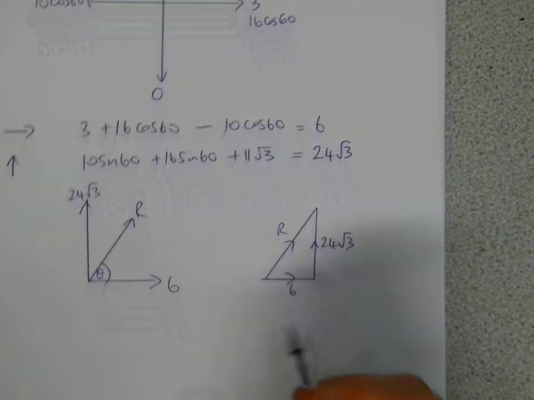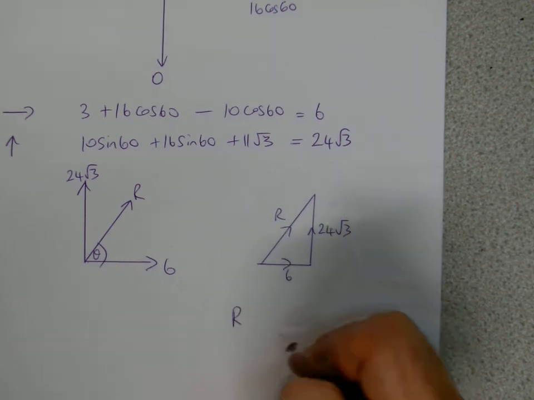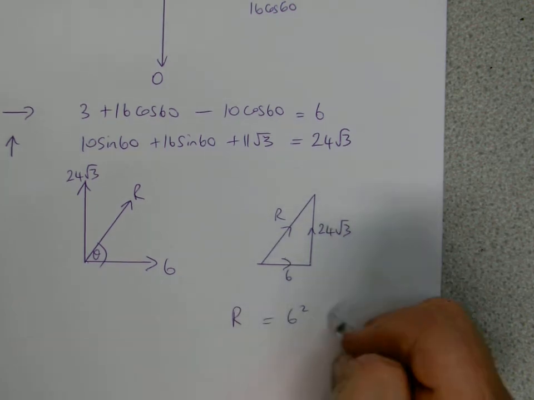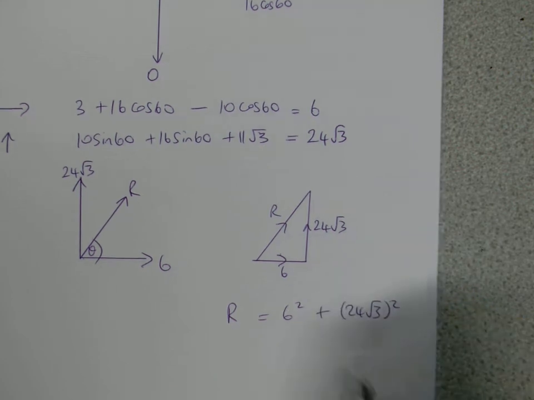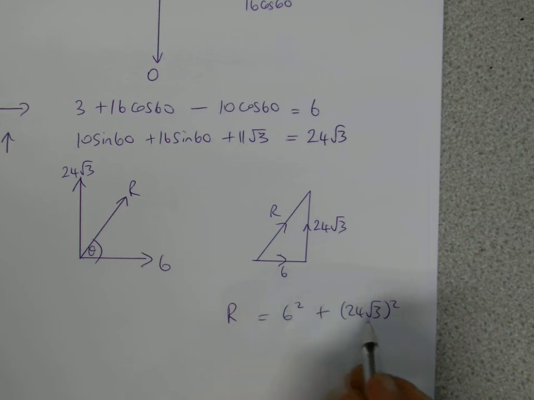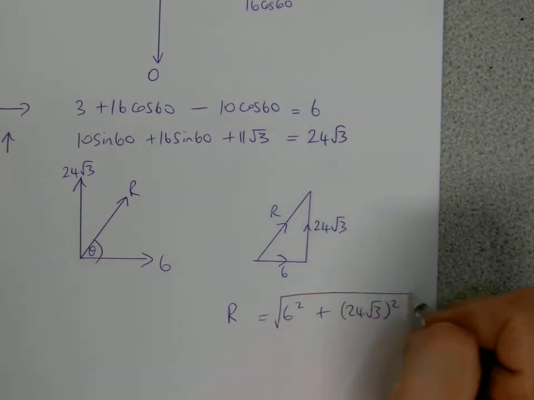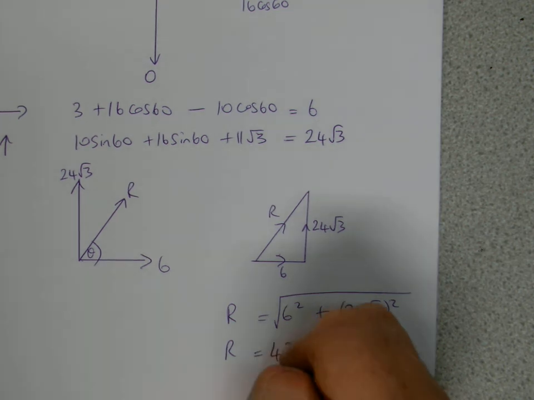So then R will equal, using Pythagoras, you've got the two smaller sides, so we square them. 6 squared plus 24 root 3 squared, put it in a bracket, and of course it'll be R squared, won't it? Equals 6 squared plus this squared, so then take the square root. We can do that all in one go on my calculator. And that comes out to be 42, exactly.